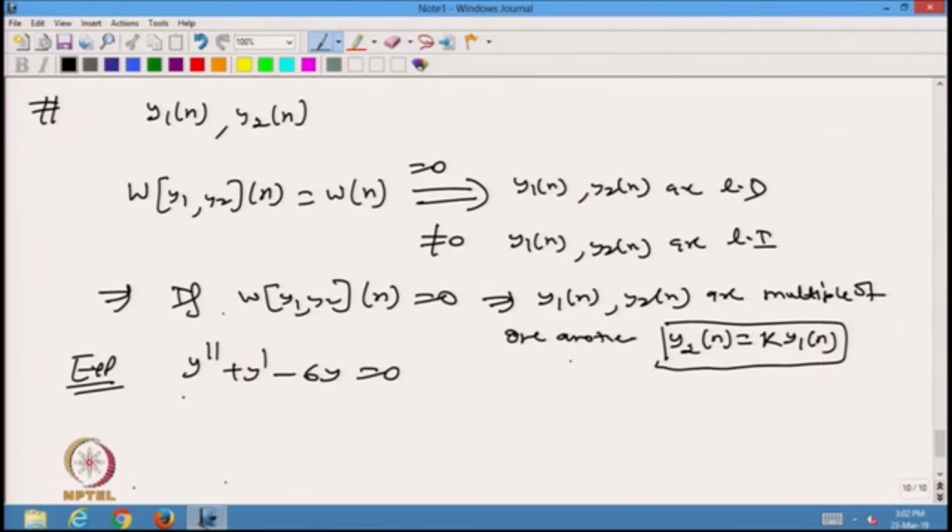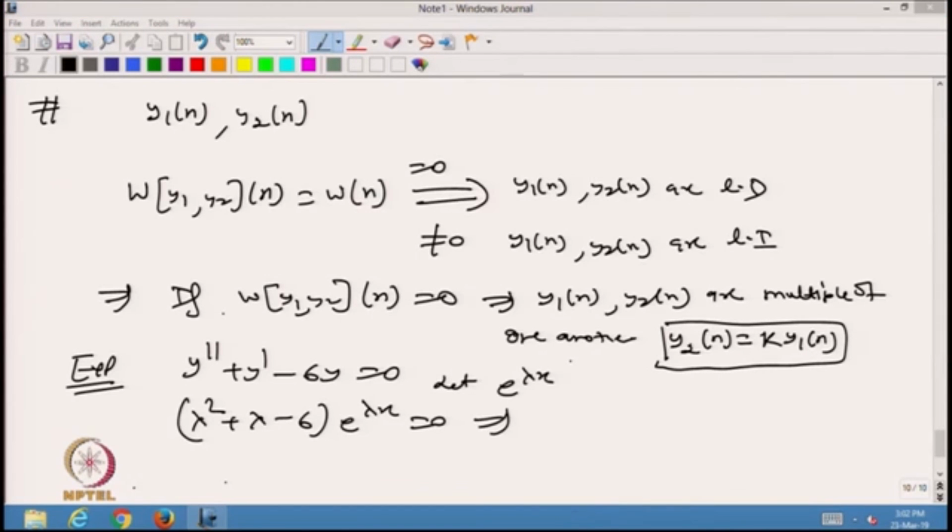In this case I will let e^(λx) be the solution, and substituting this will give you λ². So, I can write its auxiliary equation very easily. It will be (λ² + λ - 6)e^(λx) = 0. Because e^(λx) is never equal to 0, my auxiliary equation will be λ² + λ - 6 = 0.